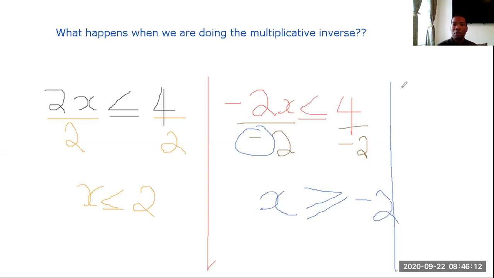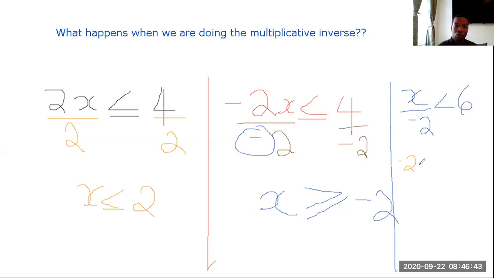I want to do another one, but this time let's do x over negative 2 is less than 6. So again, I'm trying to find what x is. So in order to do that, I need to get rid of this negative 2 that's at the bottom. All right. Since it's dividing by negative 2, I have to multiply by negative 2.